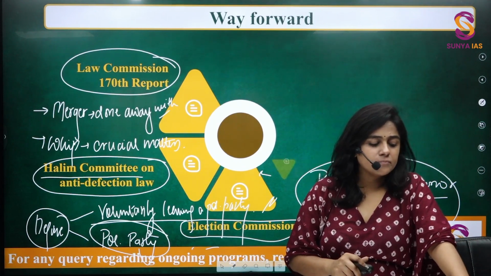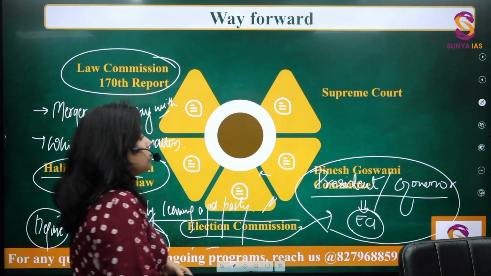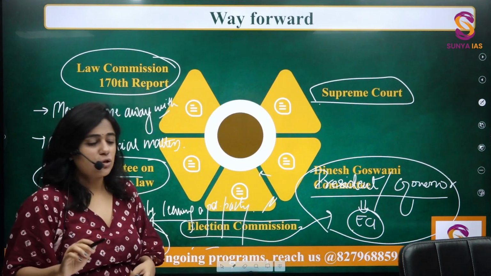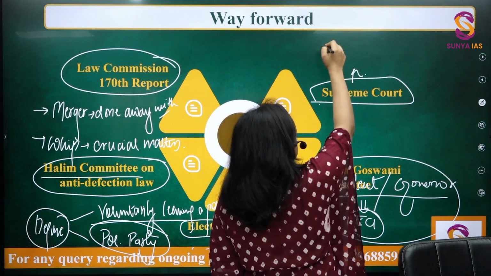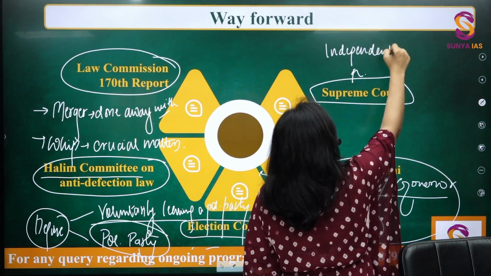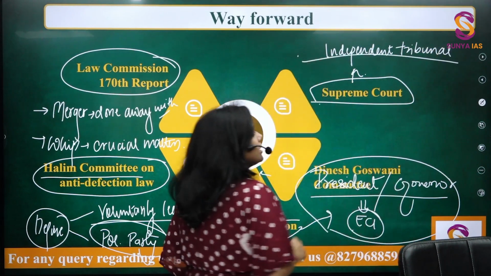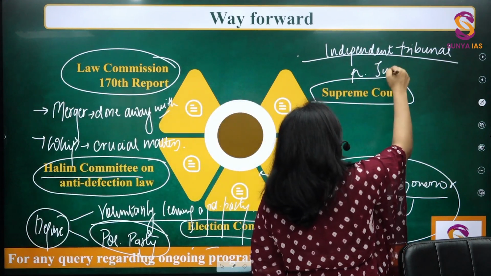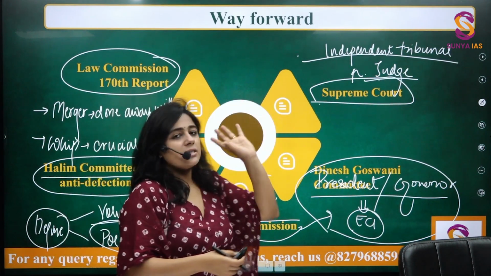Fine. Now, overall, the Supreme Court has gone one step ahead even of the Election Commission of India. The Supreme Court has said that there needs to be an independent tribunal, headed by a retired or a serving judge of the Supreme Court or High Court, that will decide whether this has happened or not.